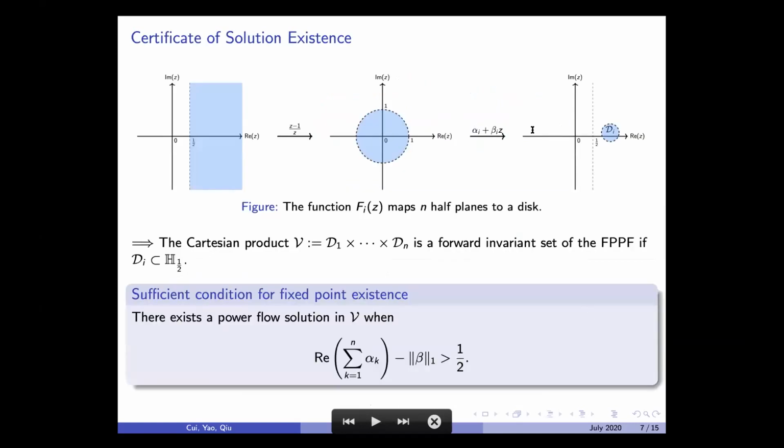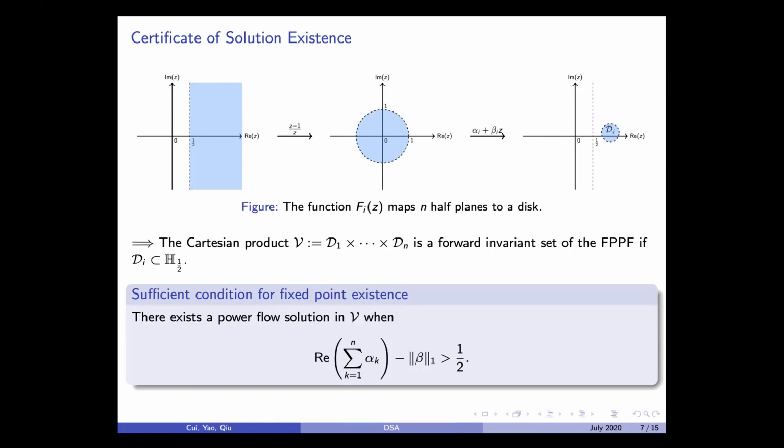And then we know that as long as each of the resulting disks, the image of this mapping, actually lies in the half plane h1 half, then this fixed point mapping is actually a self-map. And the Cartesian product of all the disks D, which we denote by V here, is actually a forward invariant set.